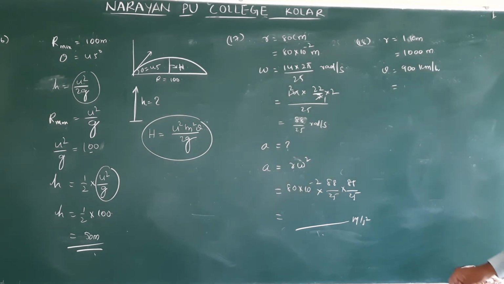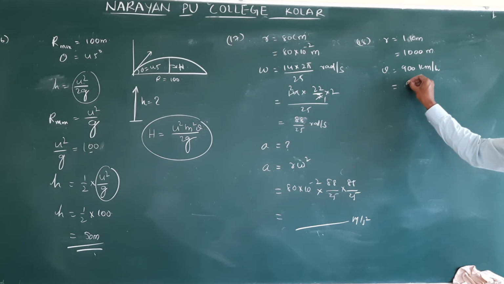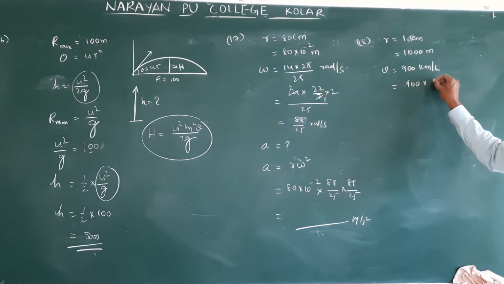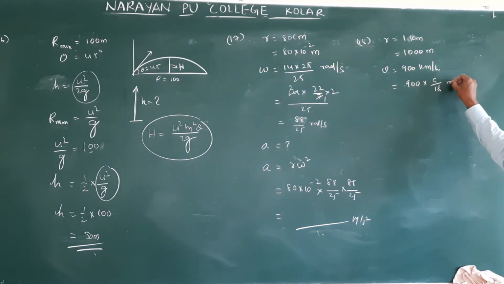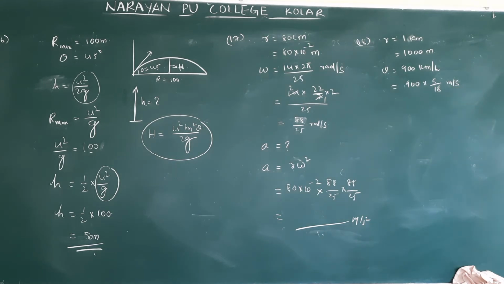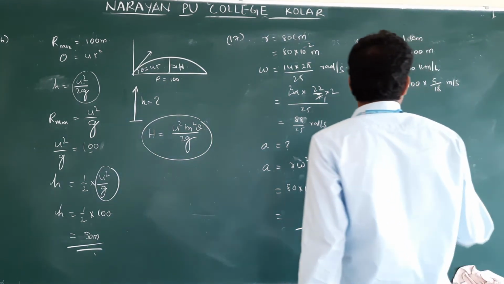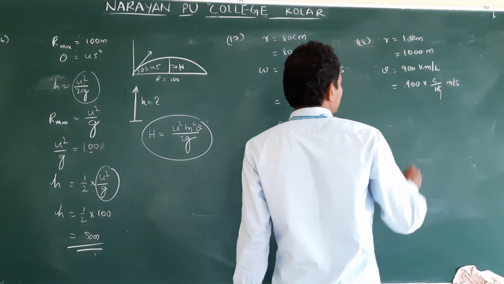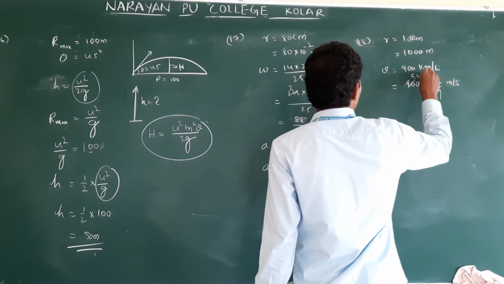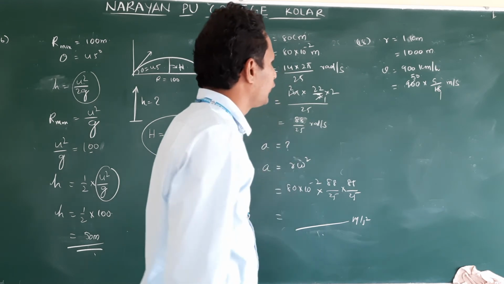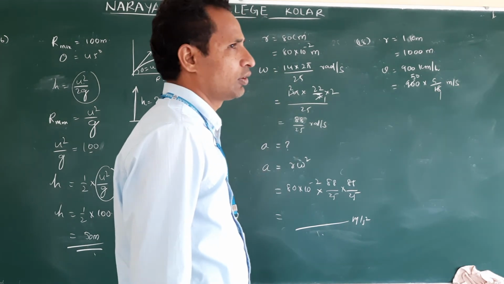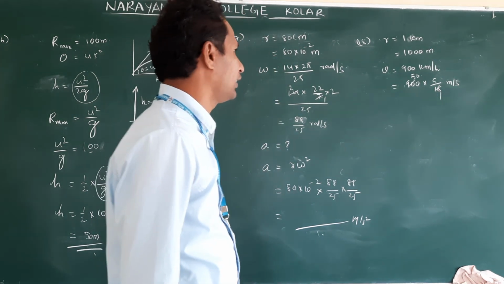This you convert into meter per second. So 900 into 5 by 18 meter per second. Clear? Cancellation. 18 ones, 18 50s. Correct? 18 5s are 90. Yes.